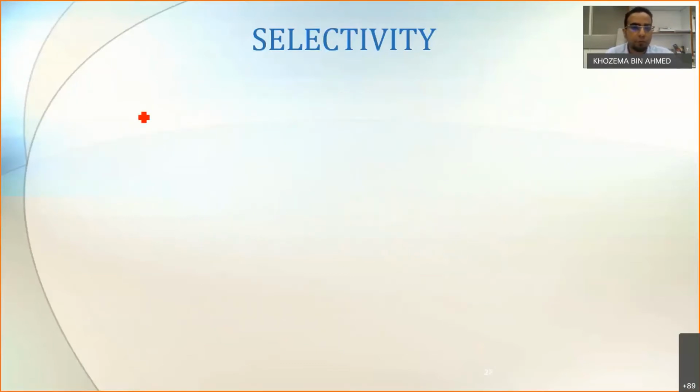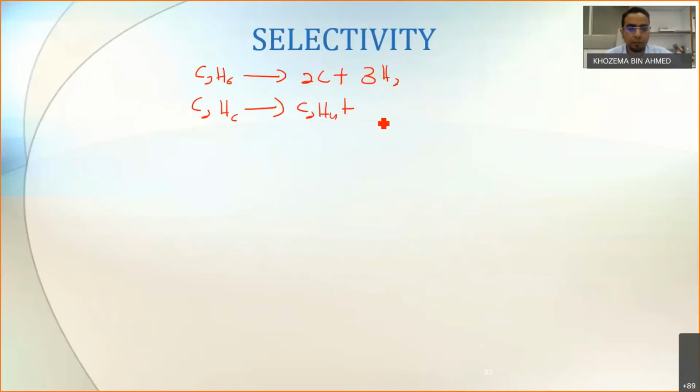If you write the reactions again, C2H6 gives you 2C plus 3H2, and C2H6 also gives you C2H4 plus H2. The question is asking us to find the selectivity for C over C2H4.